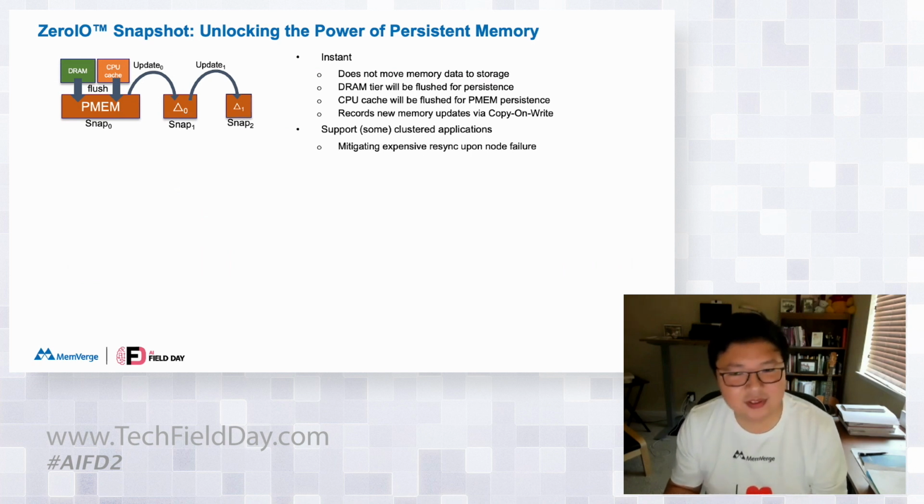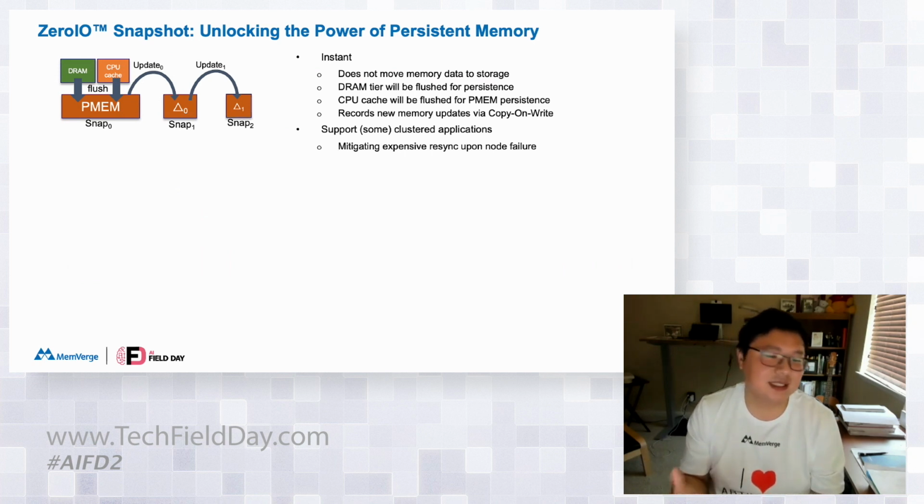In real use cases, we found that if we can instantaneously restore from the snapshot, that can help mitigate the very expensive network-based sync upon node failure. I will show an example next.